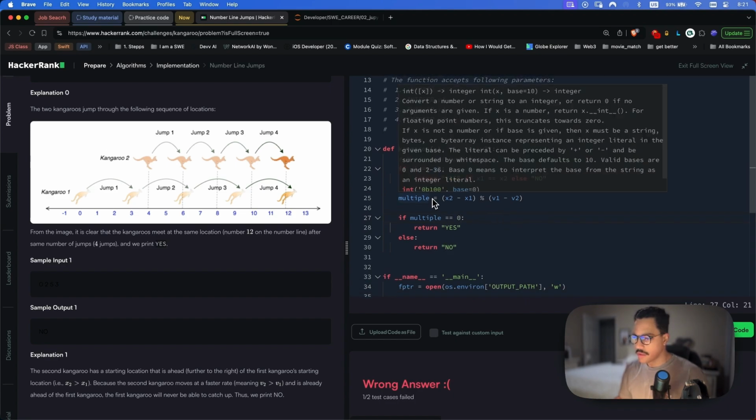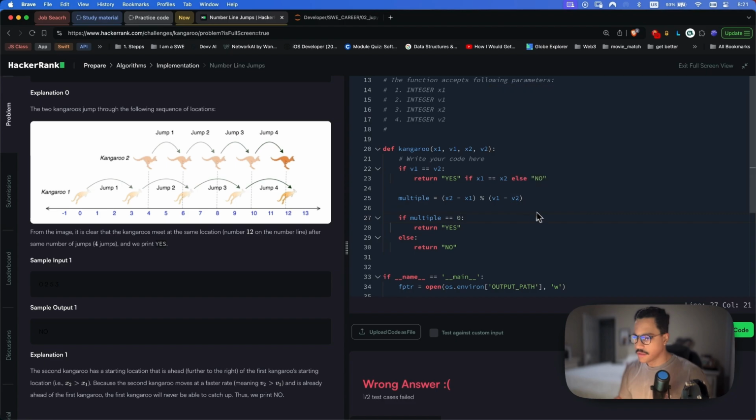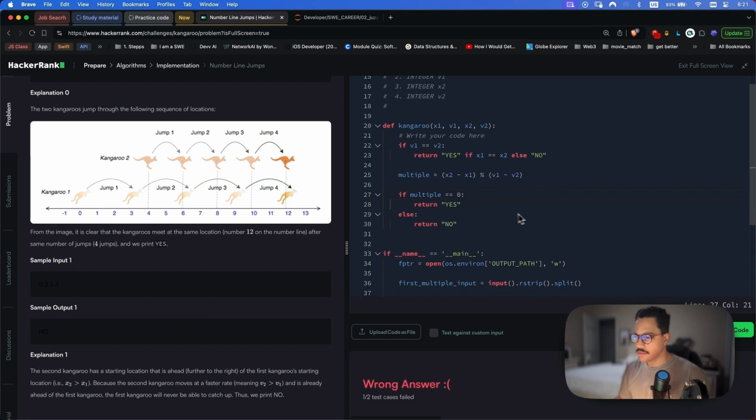Multiple. If it's a multiple, then otherwise return no. This number has to be 0 because they have to meet at a whole number.